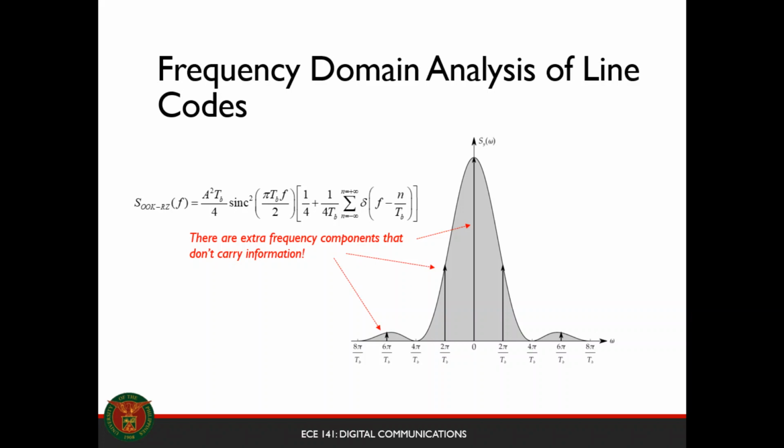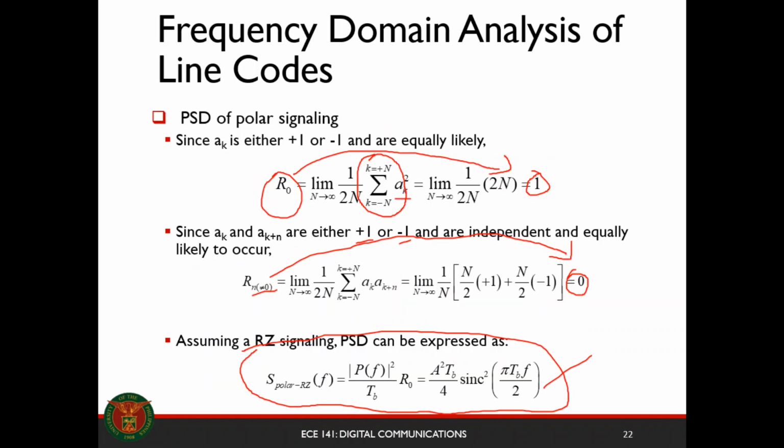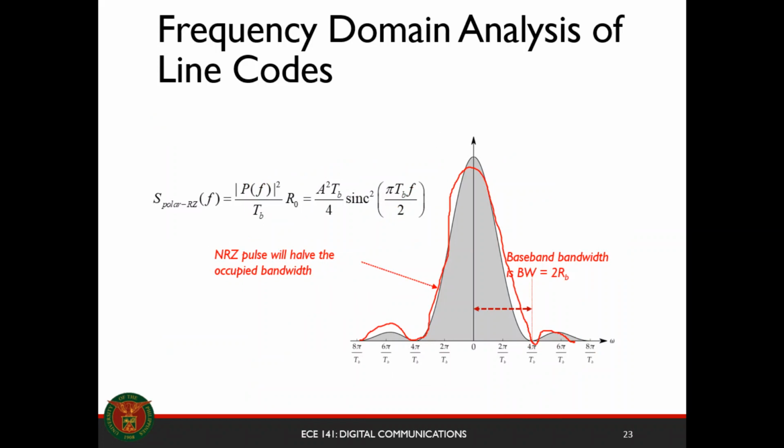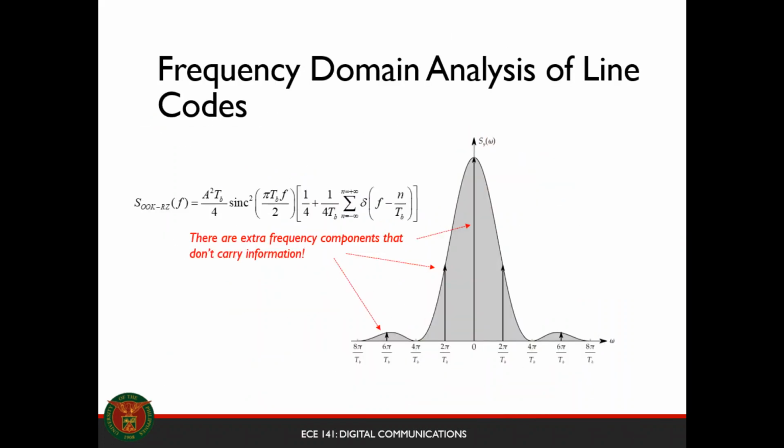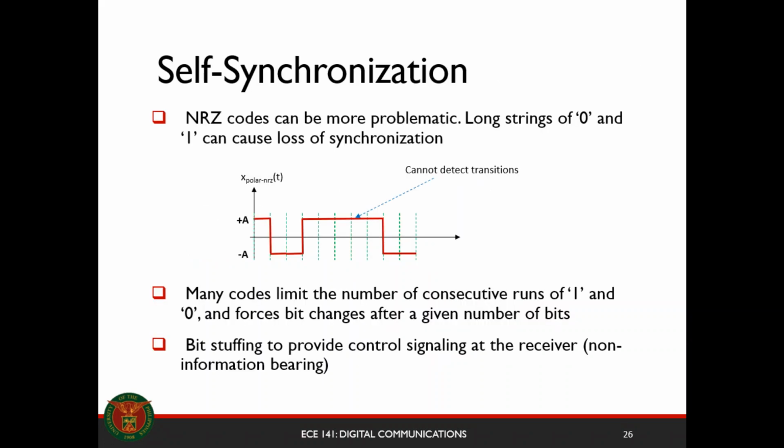Alright, so from here you have your polar, from here you have your unipolar. Now let's move on to discussing the self-synchronization of your line codes. Your NRZ codes can be more problematic when you want to synchronize them.